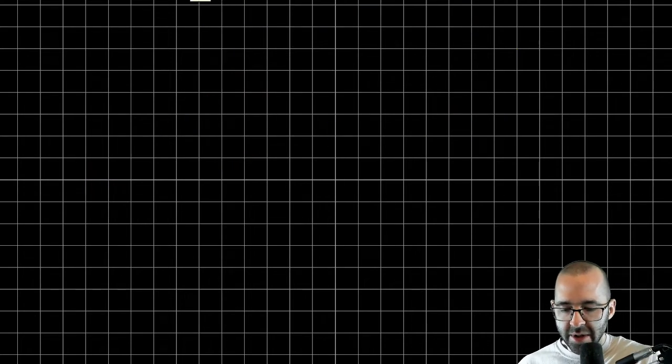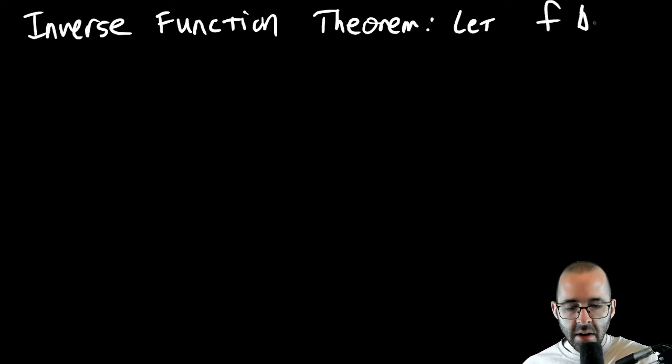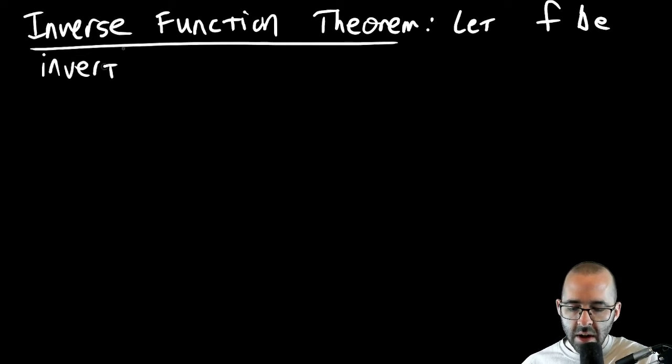I'll formally introduce it. I don't do a lot of formal stuff in here, but I'll do it here. Inverse function theorem. Let f be invertible. I haven't used that word a lot before. Invertible just means it has an inverse function. It passes the horizontal line test.